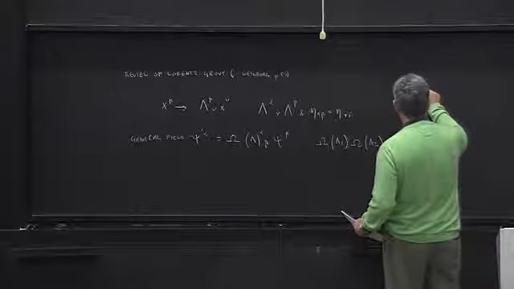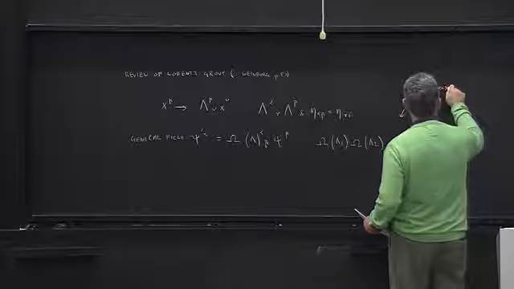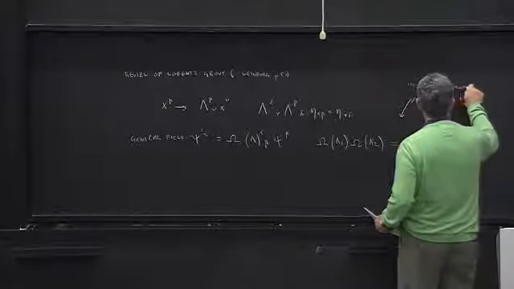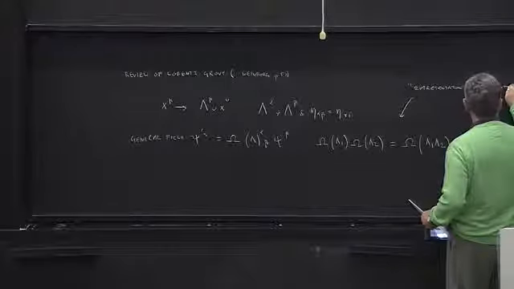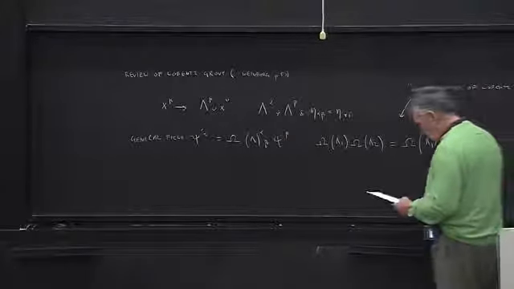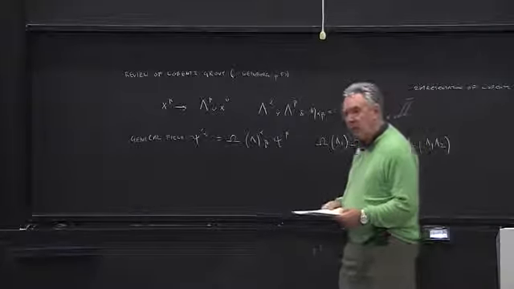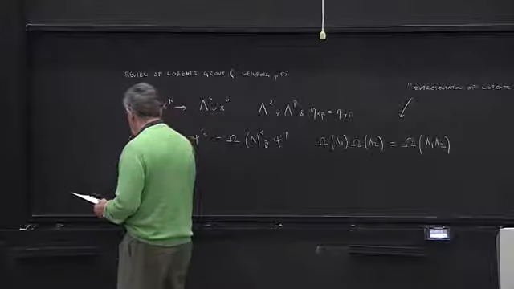And this is what we call a representation of the Lorentz group. Now, there are different kinds of representations. Let's look at some examples.